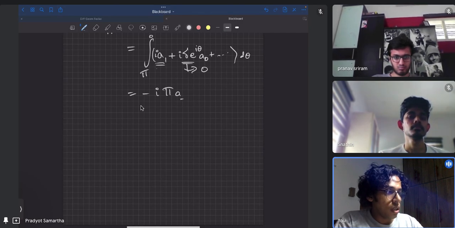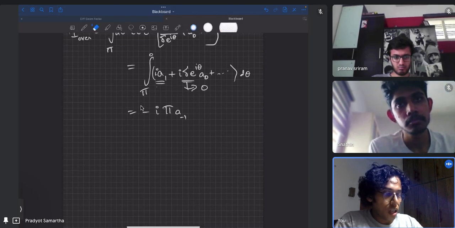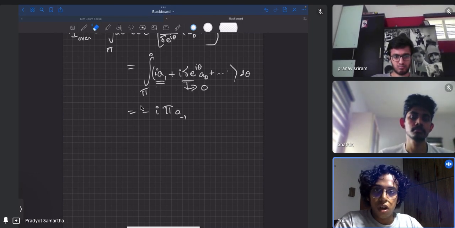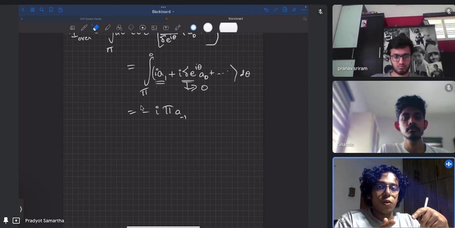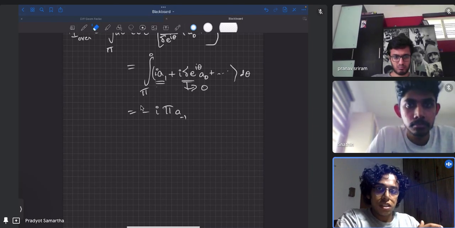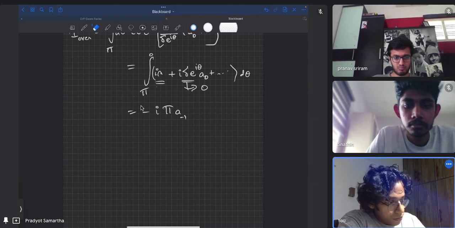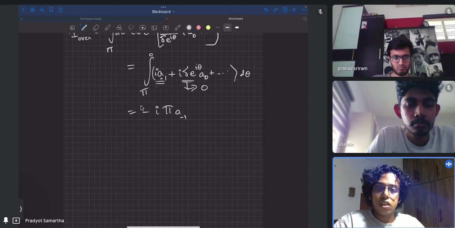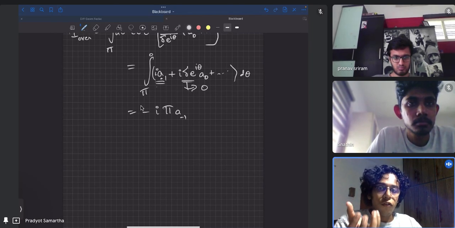Why the minus? Because it will be theta at 0 minus theta at pi, so essentially it will be 0 minus i pi a minus 1. So essentially what you have done is you have just calculated half the residue.